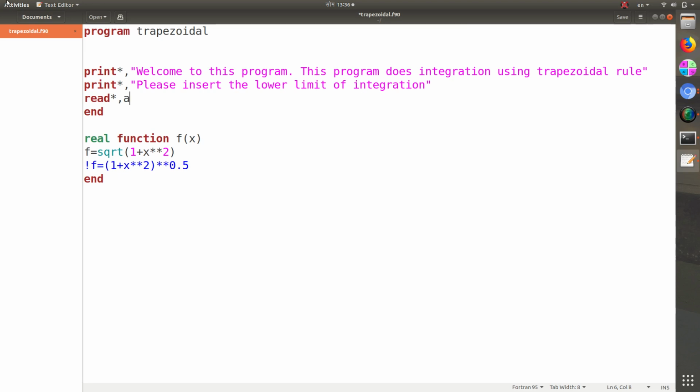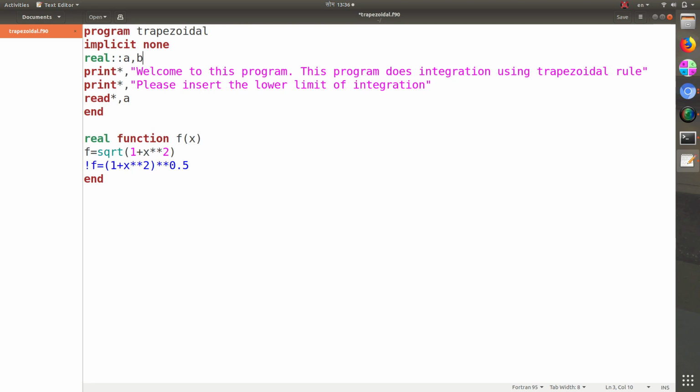So lower limit is nothing but a, so I have used a. First write implicit none. Okay, so this a may be anything, so I am defining this as a real variable. Alright, so this is the lower limit of integration.